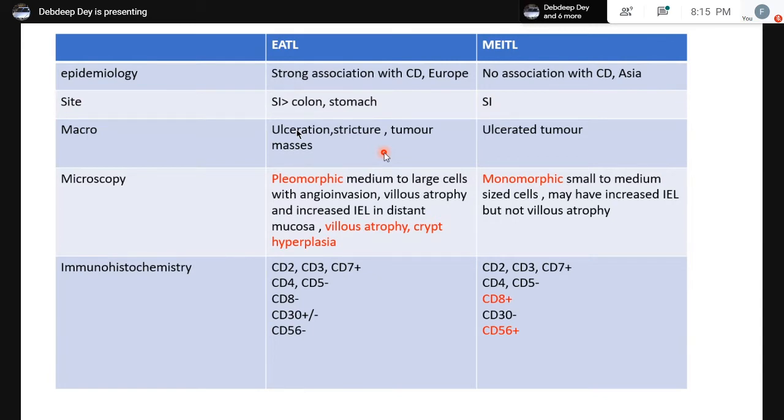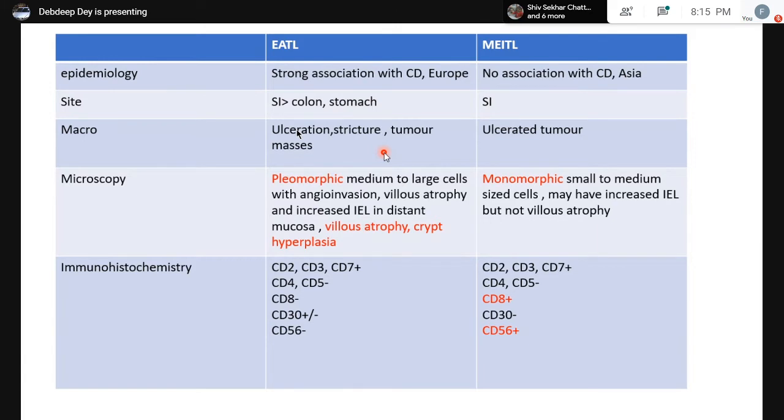And this is where the problem is: if you do not know of the entity, or if you're not thinking when your gangrenous intestines come as part of your emergency laparotomy, you are not suspecting it. So this is where you have to suspect that, am I not missing a MEITL in this part of the world, or an EATL in UK or the Western world?